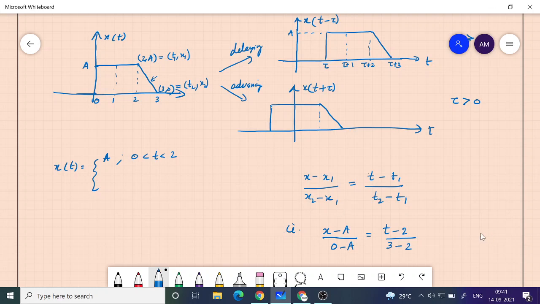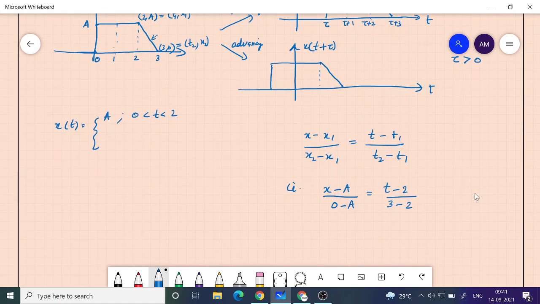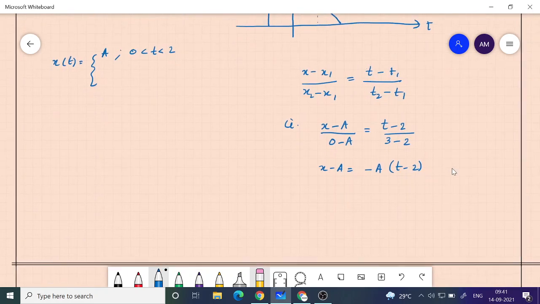So we got an equation connecting x and t. This is x minus a is equal to minus a, taking the cross multiplication, times (t minus 2) divided by 1. Divided by 1 doesn't do anything, so you can take a to the other side.